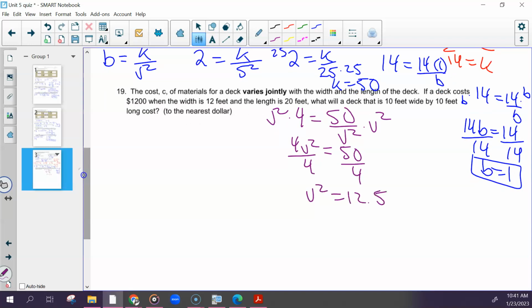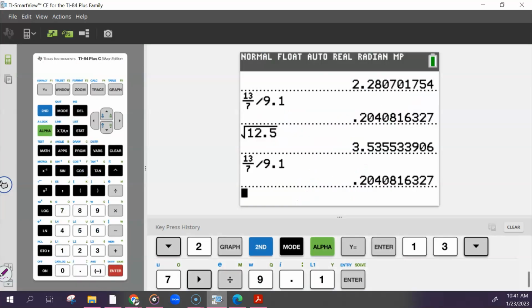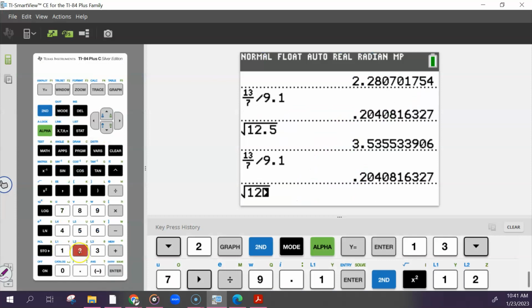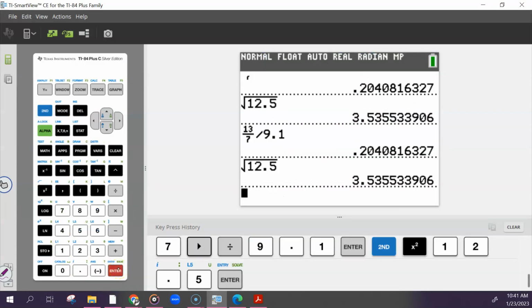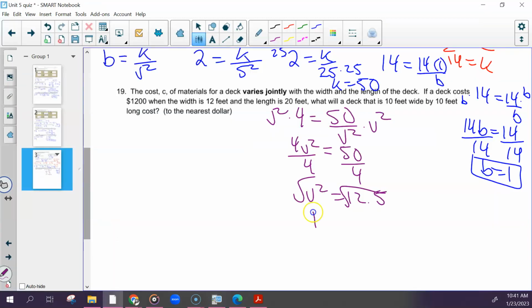And then take the square root of that number. So it's up here. The square root of 12.5 would be 3.54. Pick however many decimals we want. Questions on that one?